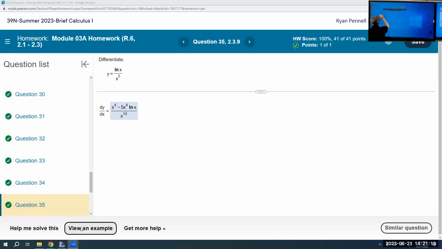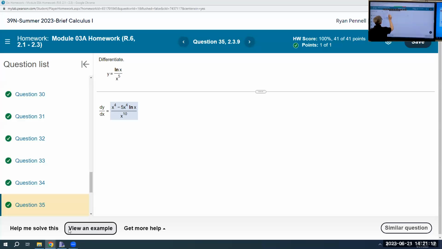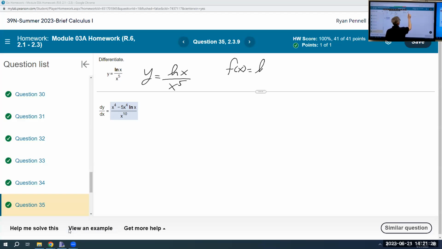Five, quotient rule. Y equals ln x over x to the 5th. What if we said f of x equals ln x and g of x equals x to the 5th? Quotient rule says f prime times g minus f times g prime all over g squared.